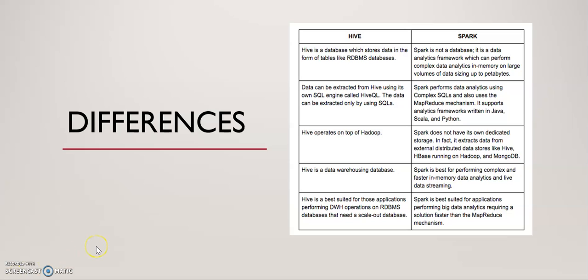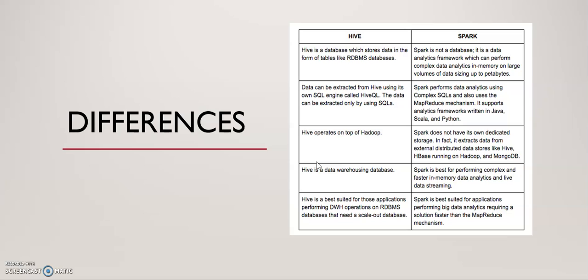Here are the differences between Hive and Spark. Hive is a database which stores data in the form of tables, like RDBMS databases, but Spark is not a database. It's a data analytics framework.